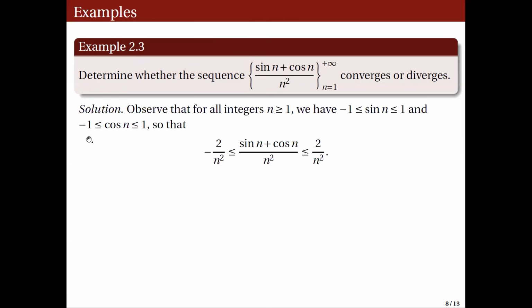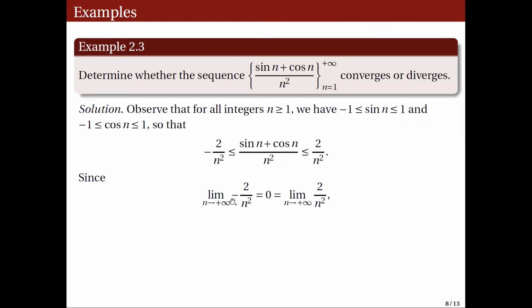So sine n plus cosine n will be bounded below by -2 and bounded above by 2. So in this case, sine n plus cosine n all over n squared will be between -2 over n squared and 2 over n squared for all positive integers n.